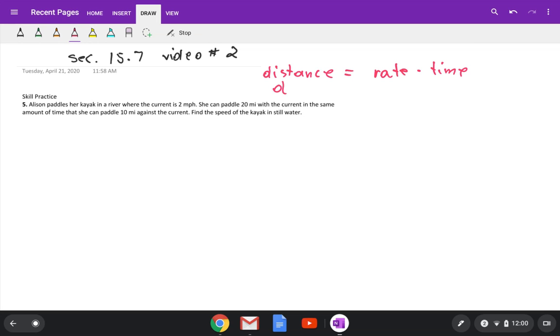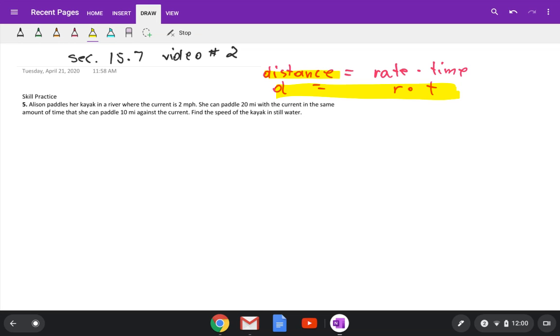So distance is equal to rate times time. With the distance formula, you can always solve for rate or you can always solve for time. But this is the formula which all of us need to know, and we used that already in previous problems. So let's read this problem.